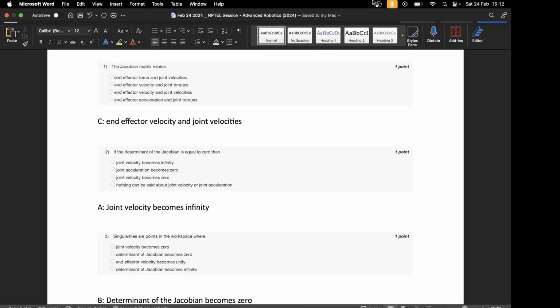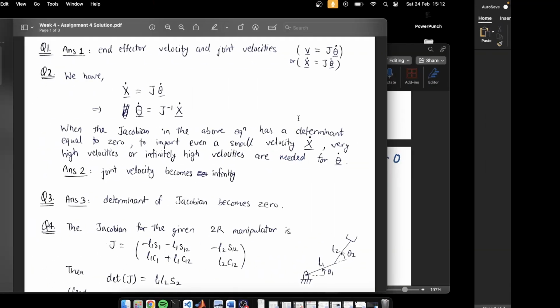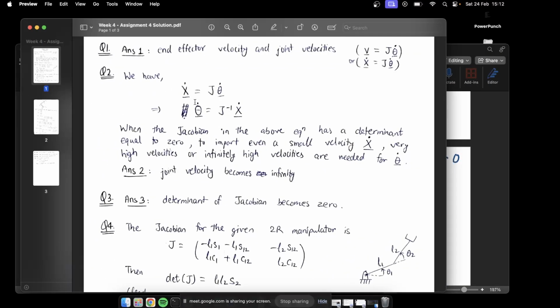So the next question is, if the determinant of the Jacobian is equal to 0, then what happens? Again, using the same relation, we have that joint rate is equal to the inverse of the Jacobian times the end effector velocity.